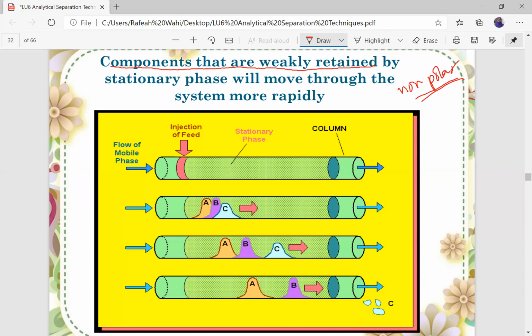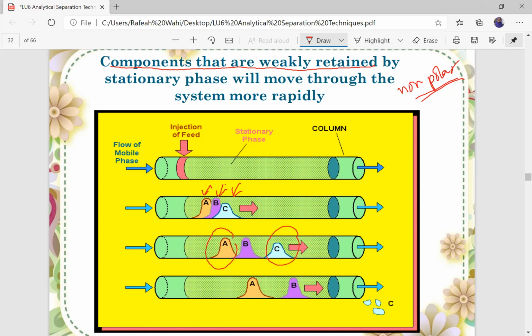Throughout the stationary phase. So if you look at the example here, let's say you have compound A, compound B, compound C. Which one is more polar? A, B, or C? If you look at the speed of these three compounds moving through the stationary phase, you can say that the most polar compound is A, followed by B, followed by C. Okay, the most non-polar is C. The most polar is A. Why?